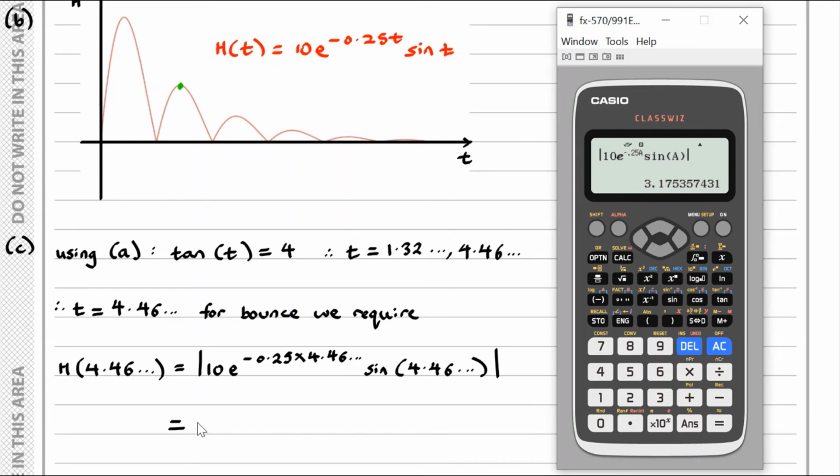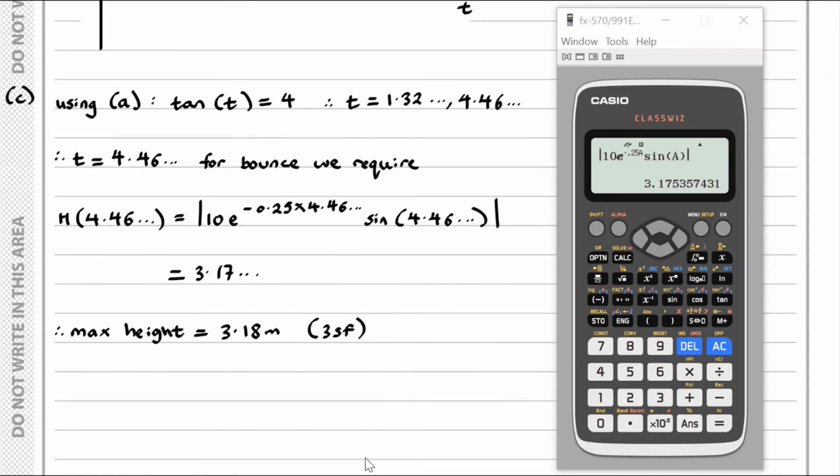It turns out we get 3.17, etc. So therefore the maximum height will equal 3.18 meters to 3 significant figures. Okay.